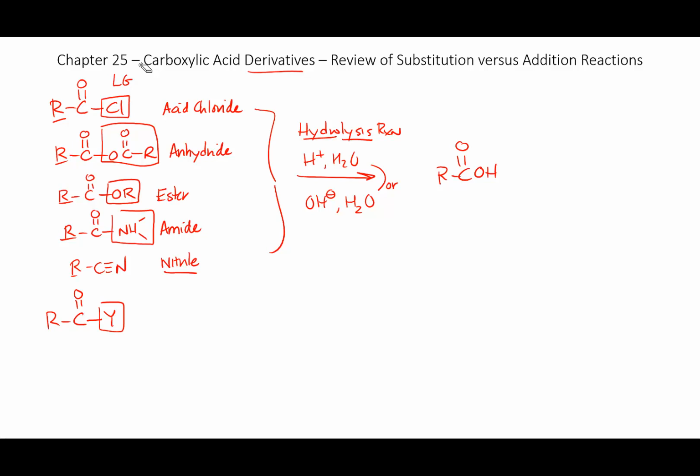Now, some of these leaving groups are better than others. Some of them we haven't really used as a leaving group unless we protonate them. Or in the case of the nitrogen, remember that when we did Hofmann elimination, we alkylated the nitrogen to make it a leaving group.